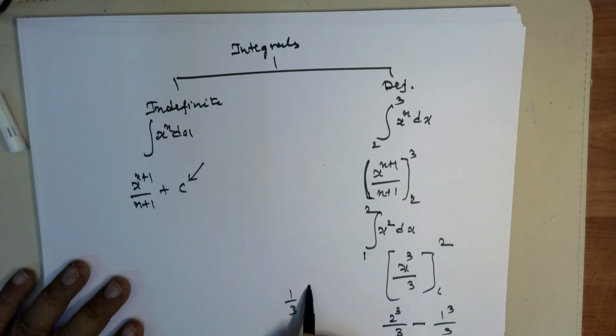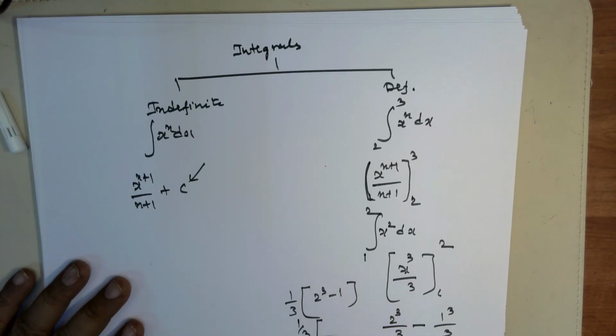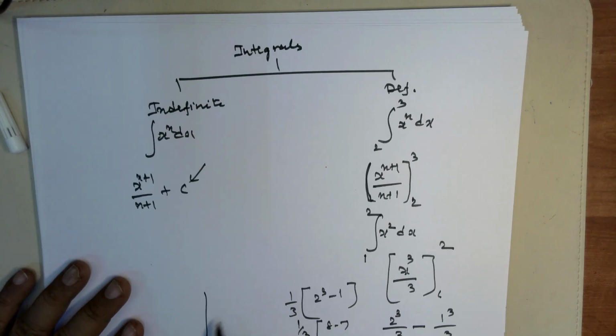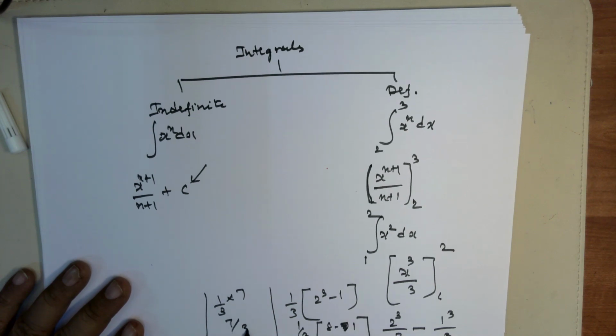Otherwise, you can take 1 by 3 outside the bracket and put 2 cube minus 1. So that means 1 by 3 into 8 minus 1, that is 7. So 1 by 3 into 7, that is 7 by 3 is the answer.